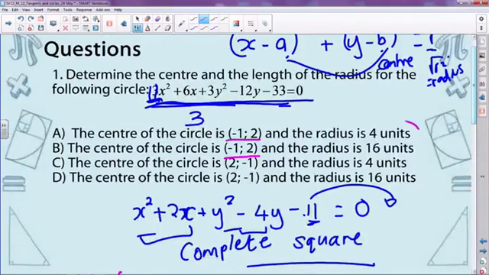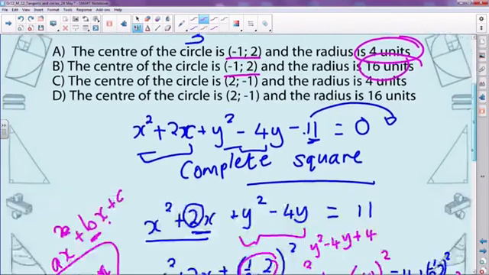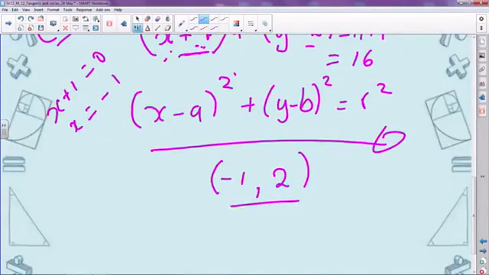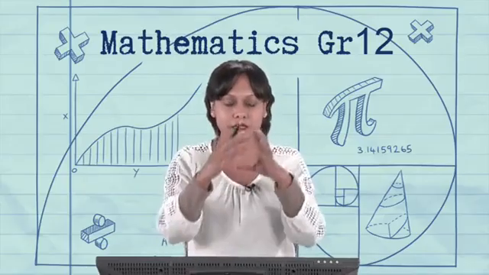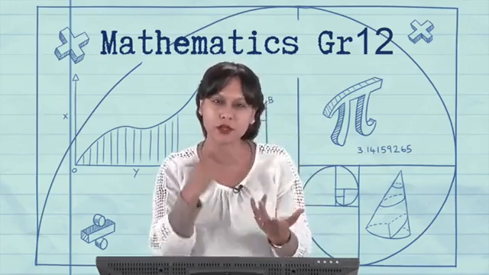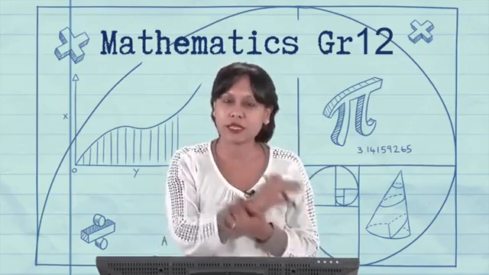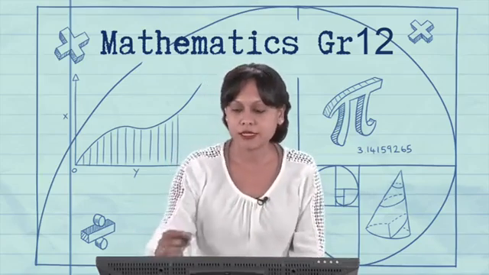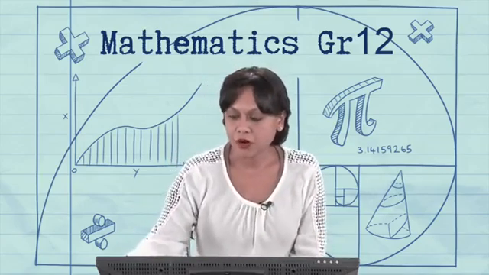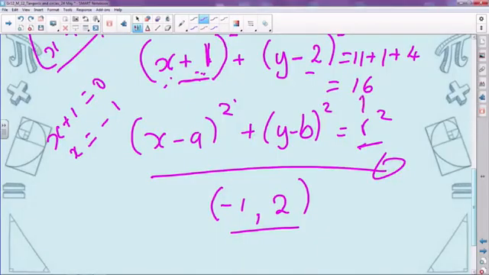The difference comes in this. Is the radius 4 or is the radius 16? And hopefully none of you fell for that trick, okay? Because r squared is not your radius. It's the length of the radius squared. So if you want to find the radius, you need to take the square root of whatever your answer is here on the right-hand side. So we've got r squared, as you can see, is equal to 16.